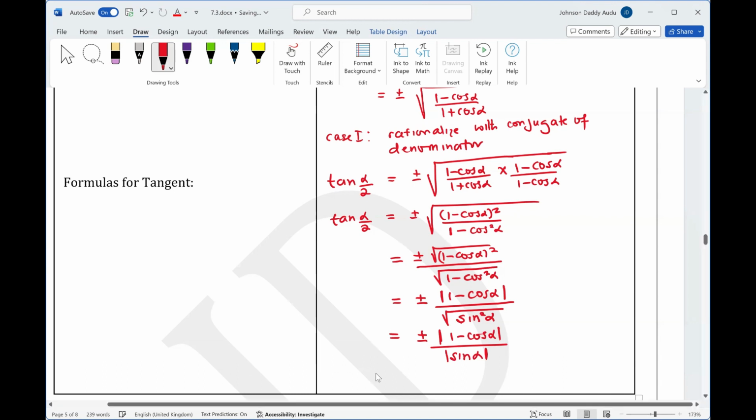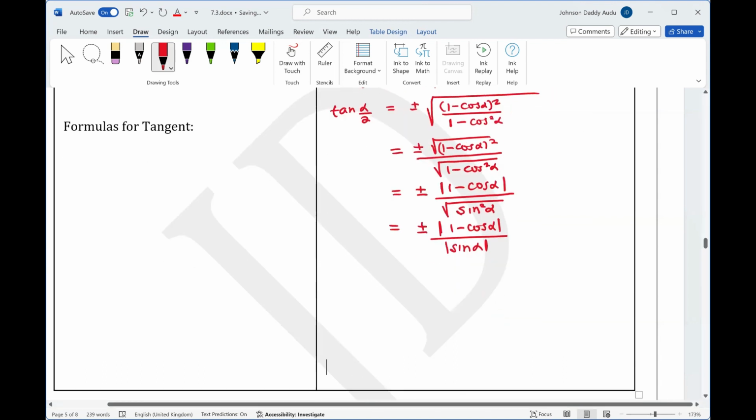Yes. But what do we know about cosine? We know that the maximum value of cosine is what? It is 1. So 1 minus cosine alpha is always positive, or 0. So it means we can remove the absolute value because cosine alpha can never be greater than 1.